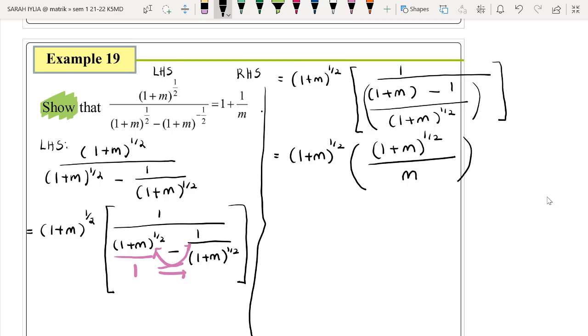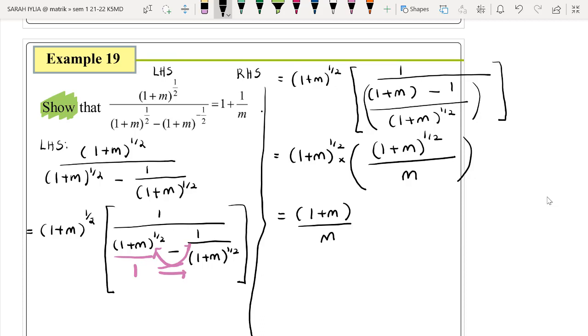Next, benda ni sebenarnya darab. Lagi sekali kita boleh apply rule of indices. 1 plus m, you have basically the same base. What happened to the power? You have to add it up. Half plus half. So, you're gonna get 1 plus m divided by m. Nampak macam dah betul dah, tapi kita kena tengok target kita. Ingat, ini soalan show, bukan soalan simplify. Okay, so kita tengok bentuk.